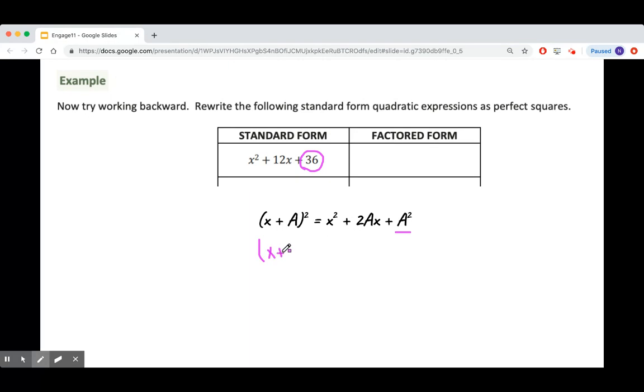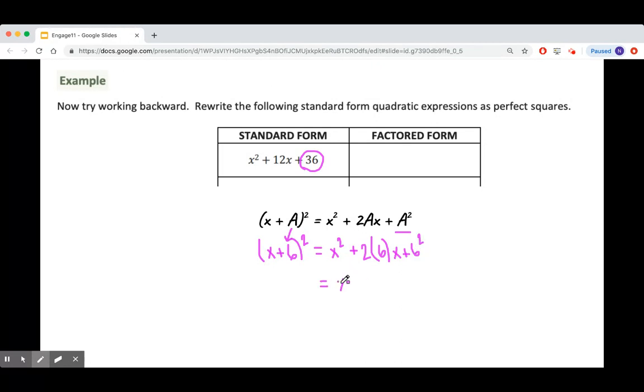Let's try it out. x plus 6 squared. If this factored form were true, I would get x squared plus 2 times a times x plus a squared. Now remember, we're trying out the value of 6 for a, so I would have 2 times 6 times x plus 6 squared.